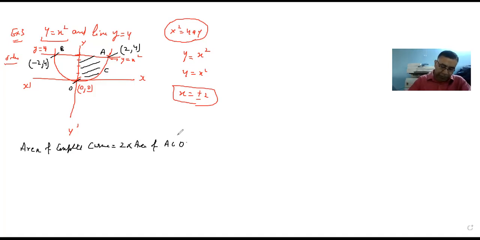Now the question is how to find out the area of ACO. अभी ACO का हमको एरिया फाइंड आउट करना है. This is the question. So again, जो हम अभी फॉलो करते आ रहे थे तो हम उसी के साथ ही चलते हैं. तो मैंने फिर ये देखिए एक रेक्टेंगल लिया पैरेलल टू दिस. अब ये y एंड ये dx.